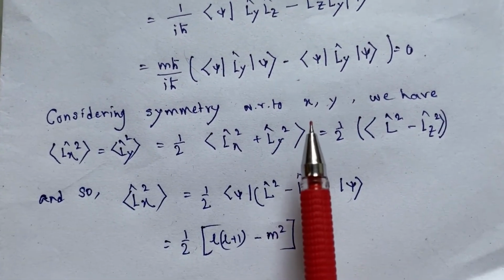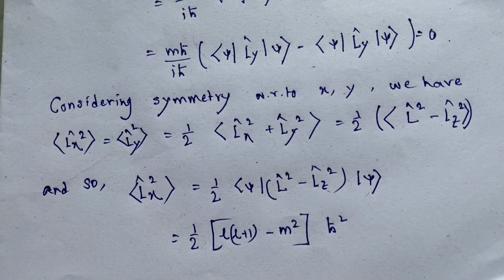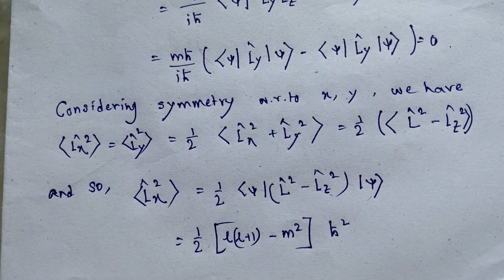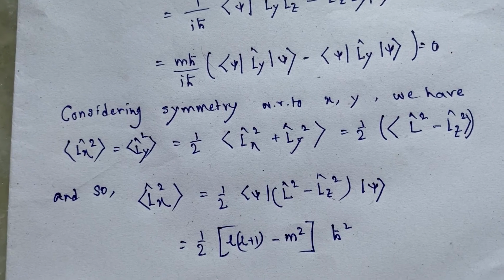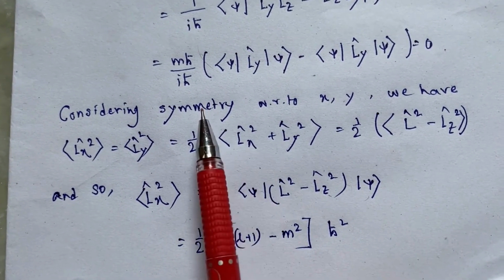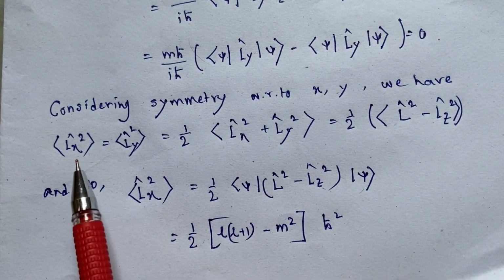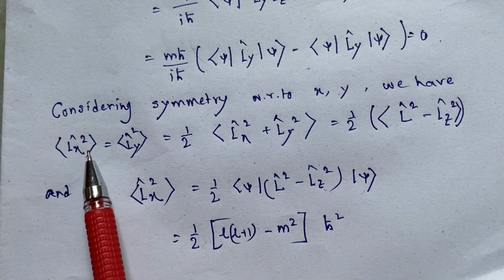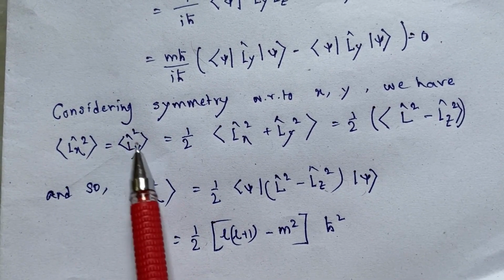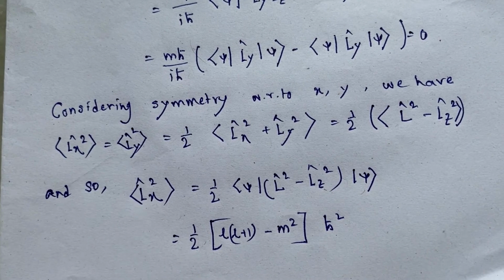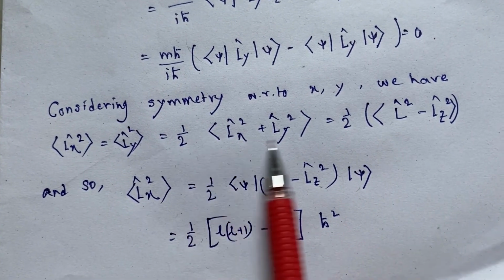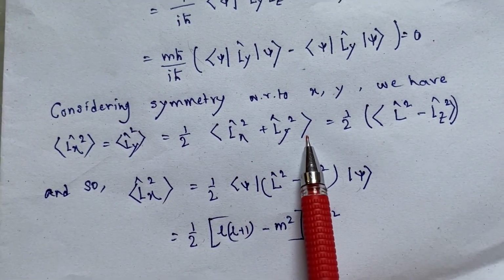Now we are considering the symmetry of the problem, the rotational symmetry, because angular momentum corresponds to a rotation. The symmetry of the problem tells me that the expectation value of Lx square must be equal to that of Ly square. The two expectation values should be the same, and this is also from the symmetry of the operation.